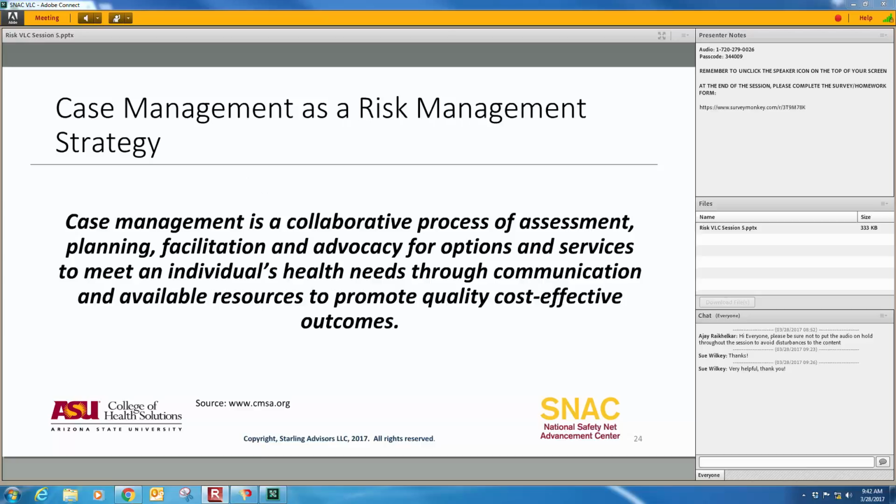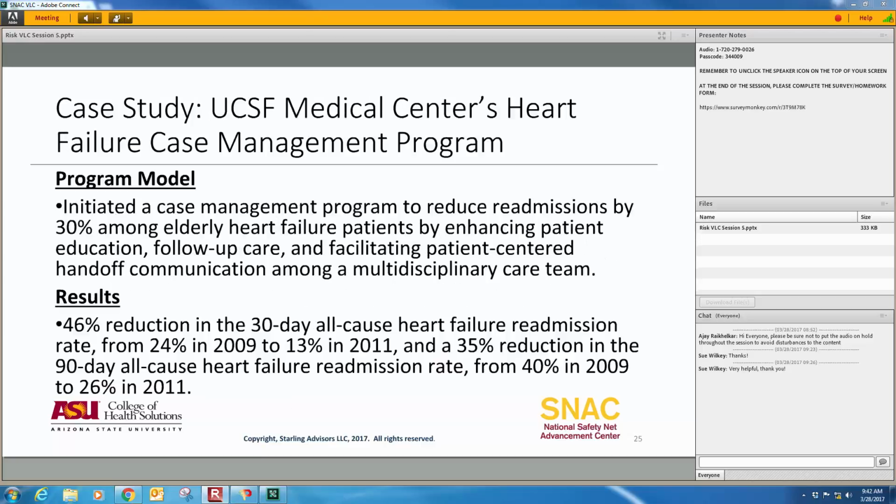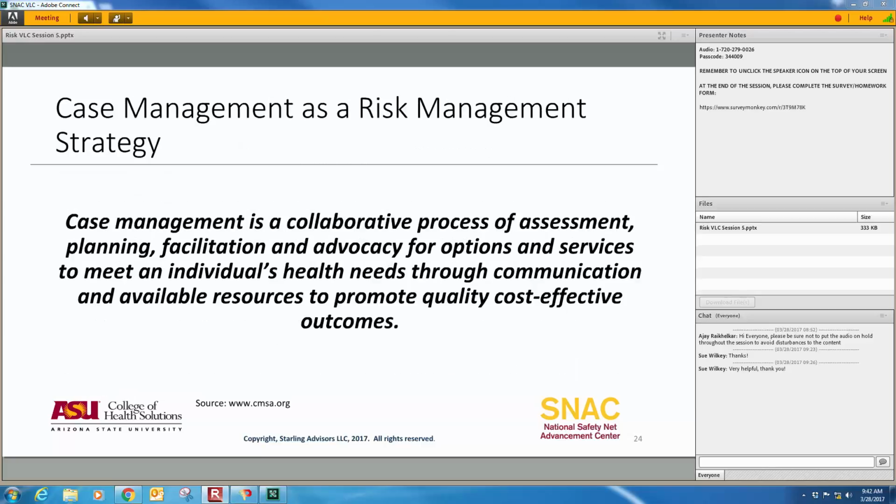So case management is a little different, and case management is a collaborative process of assessment, planning, and facilitation and advocacy for options and services to meet an individual's health needs through communication and available resources to promote quality, cost-effective outcomes. We tend to think of case management as being relatively linked to discrete activities.